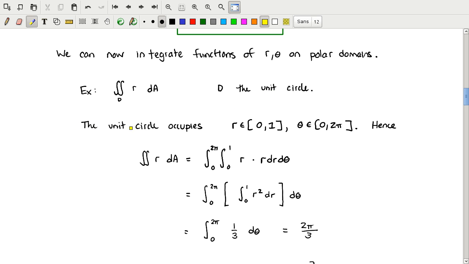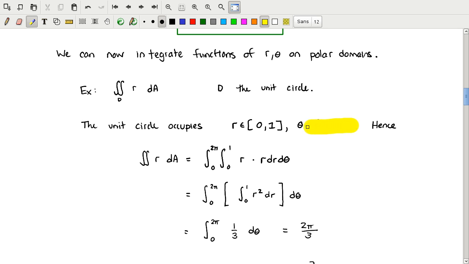So as in the previous problems, even in polar coordinates or any coordinate system, the next step is to figure out what the bounds of the domain should be. And so what is the unit circle? The unit circle is all values of r less than 1, so r lies between 0 and 1. And theta goes all the way around the circle, so it's 0 to 2 pi.